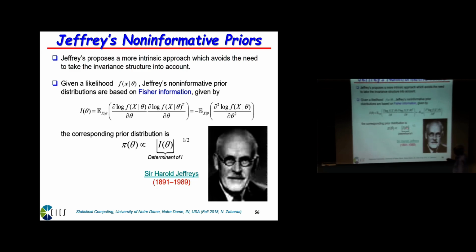And if theta is many variables, we have many variables together. Effectively, this is a matrix. This involves derivatives with respect to all the parameters, so this will come to be a matrix, and pi of theta is proportional to the square root of the determinant.